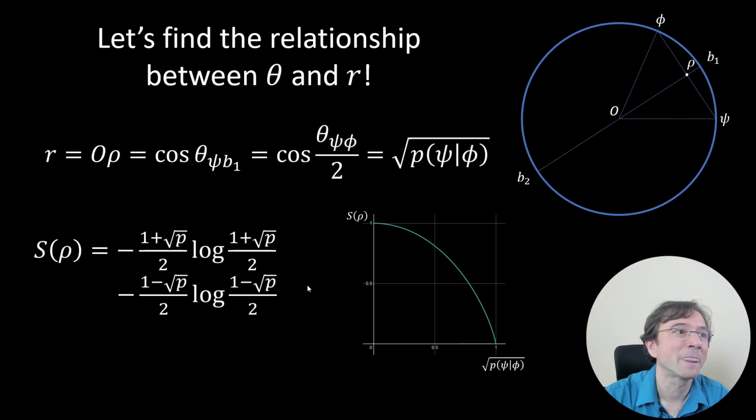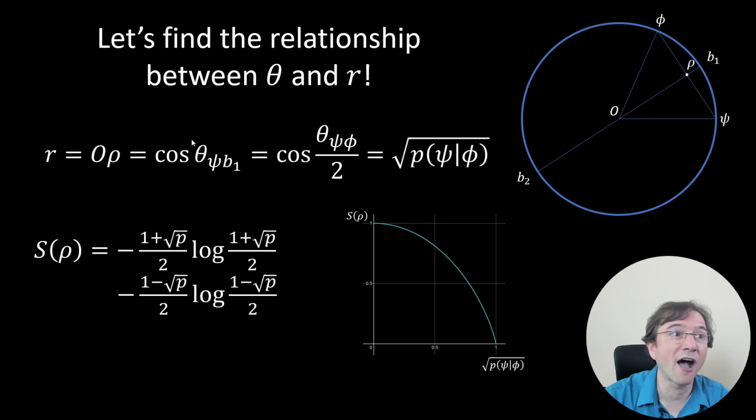Let's find it. R is this segment, O rho, but this here is a right triangle, so O rho is simply the cosine of the angle between B1 and psi. But the angle between B1 and psi is half of the angle between phi and psi.